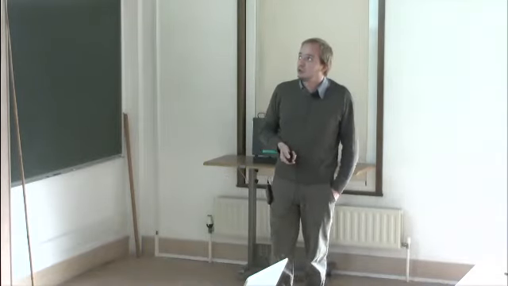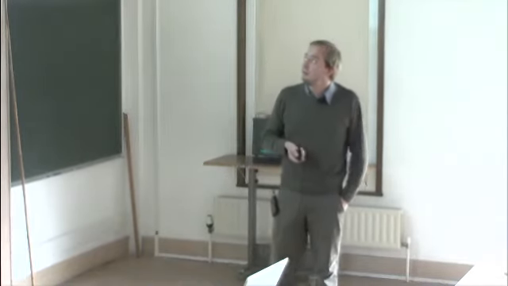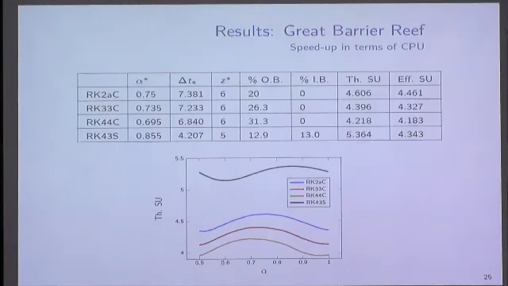Here are some results for the Great Barrier Reef, for the mesh I showed before. Alpha star is the factor that you apply to delta t star to have the best speedup. As you can see here, when you vary alpha, you will have different theoretical speedups that you can compute for the different methods.